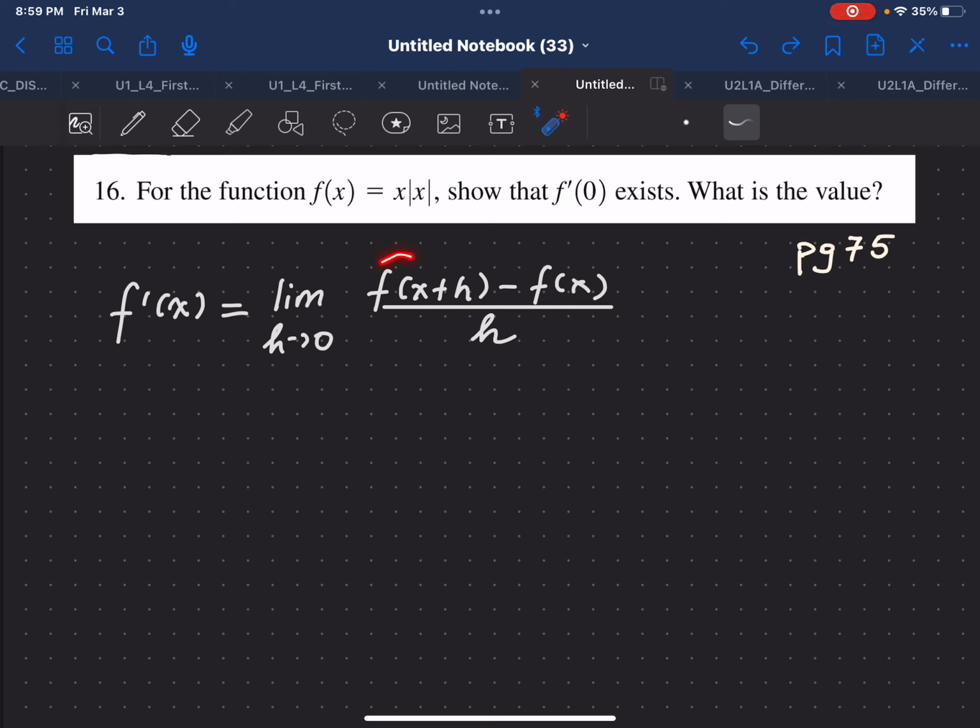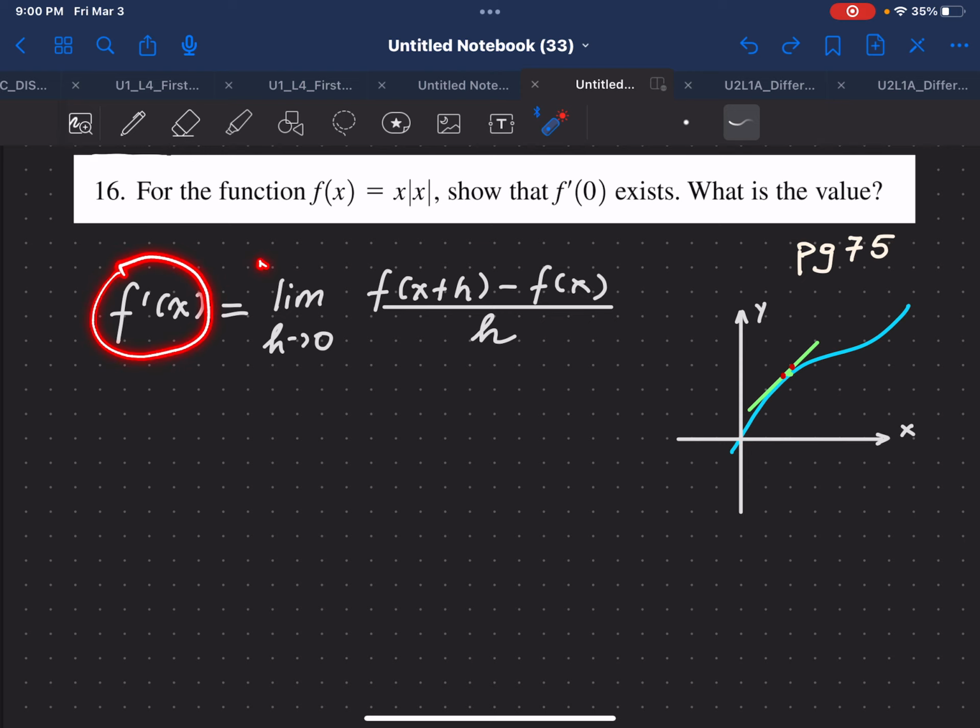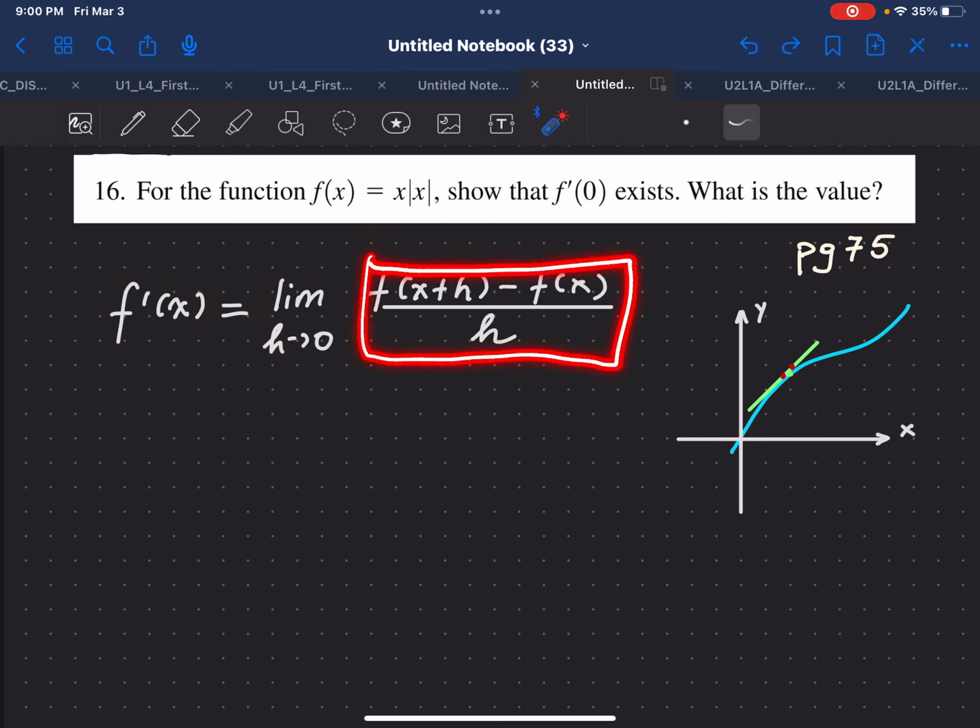Now remember that this expression inside the limit is simply the expression that represents the slope of the tangent drawn at any point on the graph of a function. And I'm trying to explain this again because it seems that we are still kind of mixing up the idea of a limit with a derivative and the slope of the tangent. So remember that the derivative is equal to the slope of the tangent, and the slope of the tangent is found as the limit as h approaches 0 of the slope of the line that we draw between two very close to each other points.